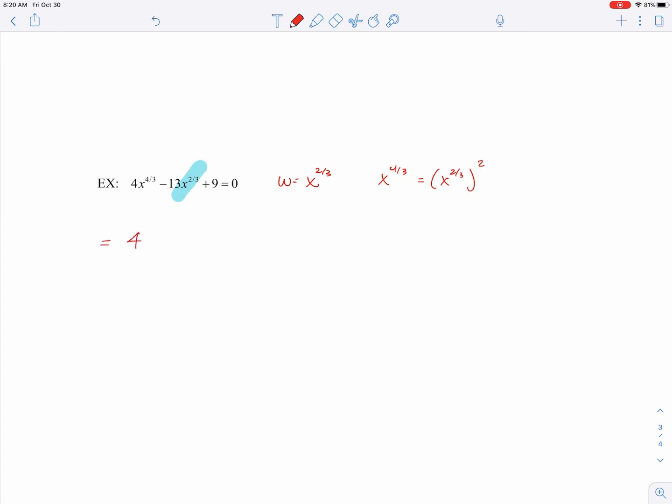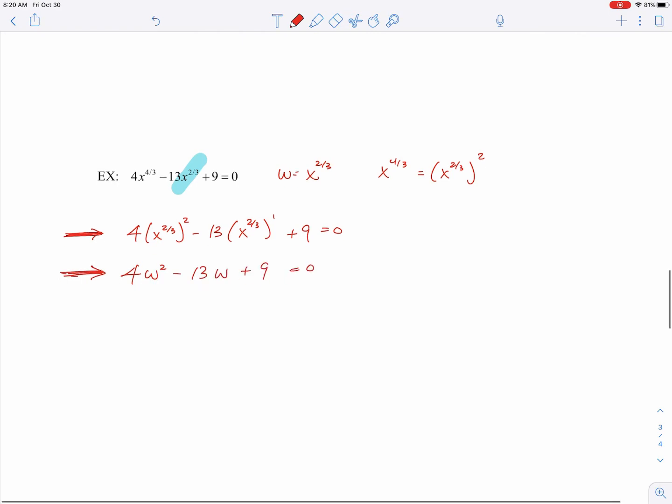So this is 4 times x to the 2/3 squared minus 13 times x to the 2/3 to the first power plus 9 equals 0, which, according to our substitution, is 4w squared minus 13w plus 9 equals 0.